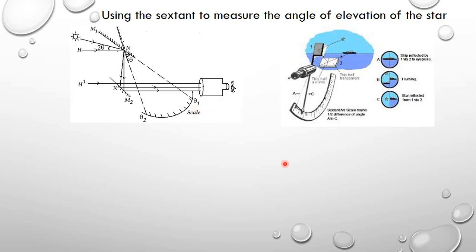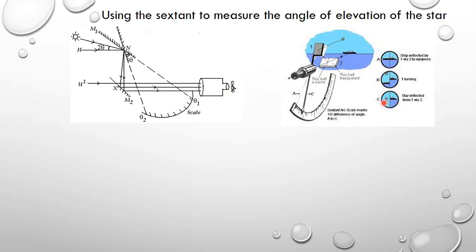After achieving that, we record this position θ1. Then after that, we shall focus the star whose angle of elevation we want to determine. When we focus the star, we also want to make sure that the image of the star after successive reflection at M1 and the silvered part of M2 coincides with the image of H prime seen directly through the unsilvered part of M2, and it will appear like this.